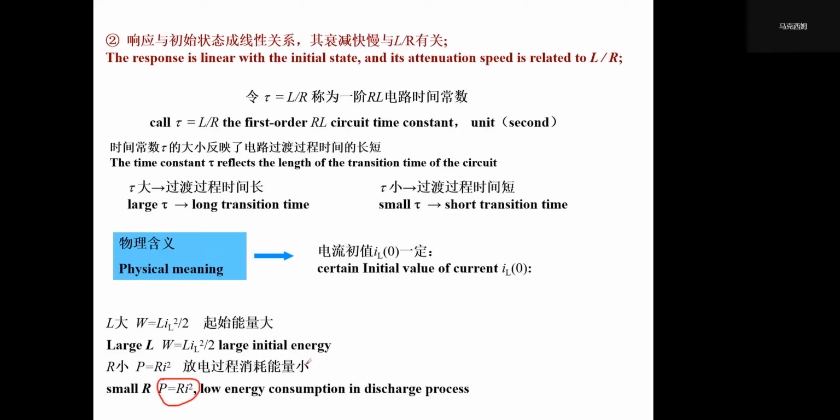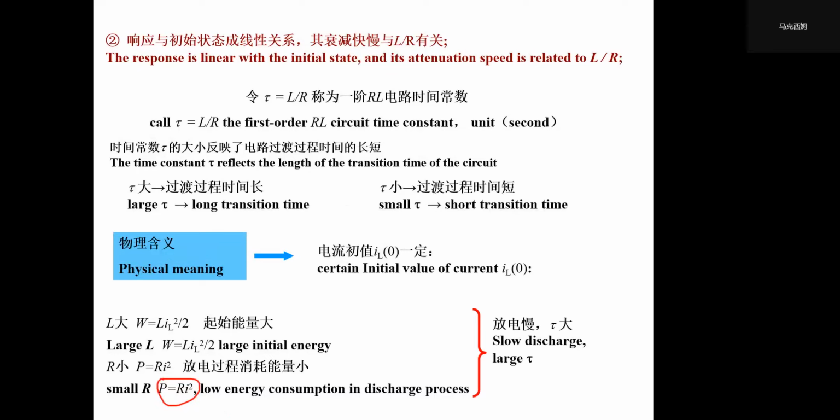So you have a lot of energy, and only a small resistor to release it, so it takes extra time to consume all of it. So large tau means slow discharge and longer transition time.